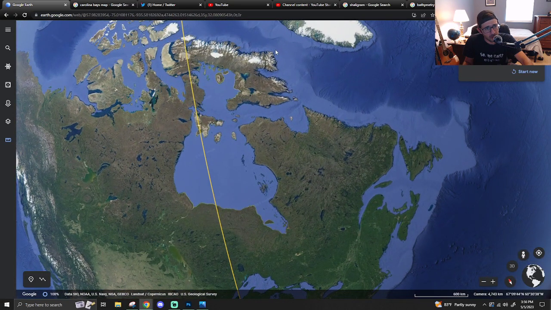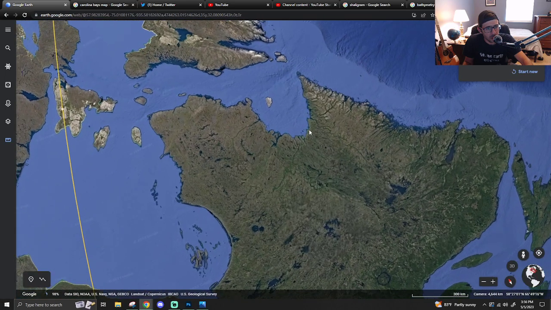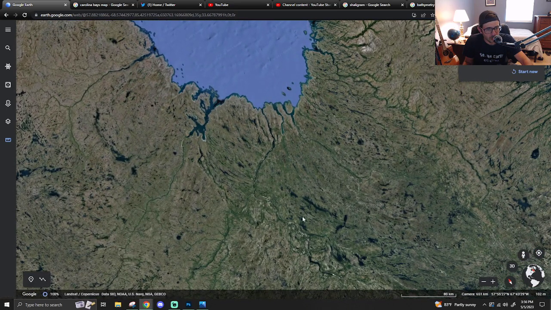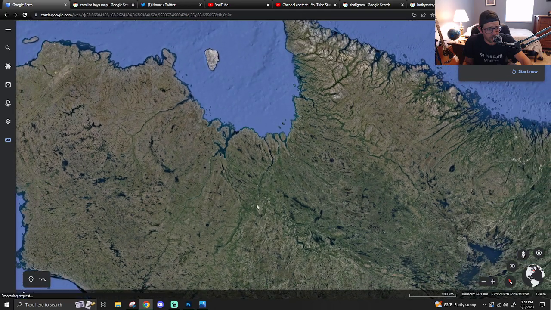Like the boundary was actually more like even here maybe, right here. It doesn't really flow into that region, this whole section though.